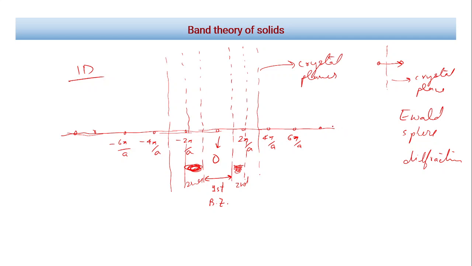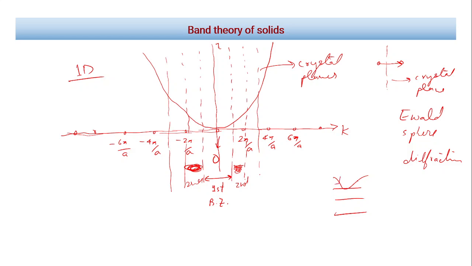So if I draw E versus K for this situation, this is the wave vector, some line passing through the origin, and I take E. Usually E versus K for a free electron is just a parabola. All values of K are possible. But here, for this 1D case where all these lines are crystal planes, we know that diffraction happens at crystal planes.